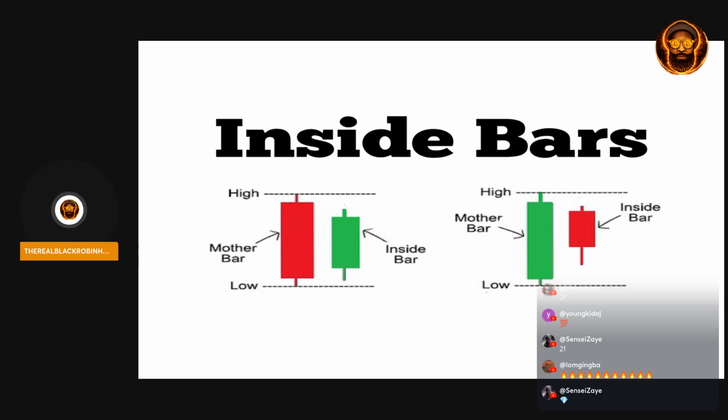The first candle can be red or green, it doesn't matter, so long as the next candle is within the high and the low of the first candle. So it makes it a baby, right? The low of the mother is lower than the baby, and the high is higher than the top of the baby.